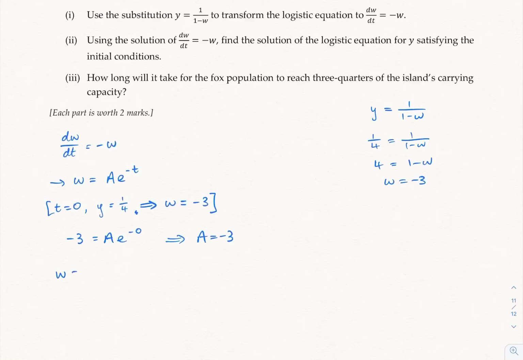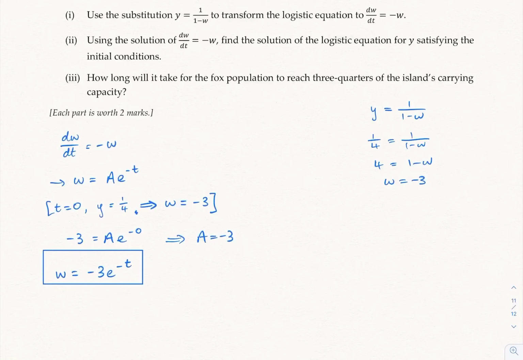So we have w equals a, that's not what I wanted to write. w equals negative 3 e to the negative t. And now find the solution of the logistic equation for y, not for w.